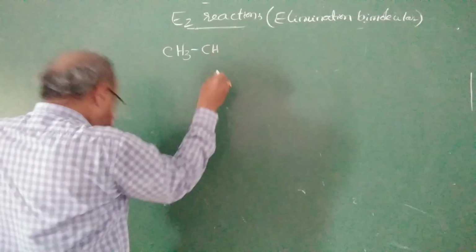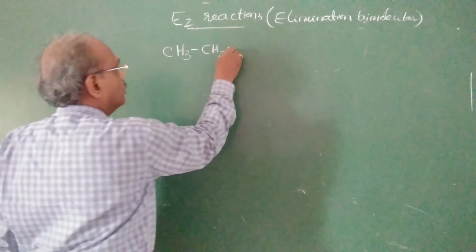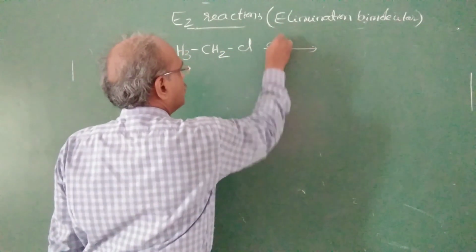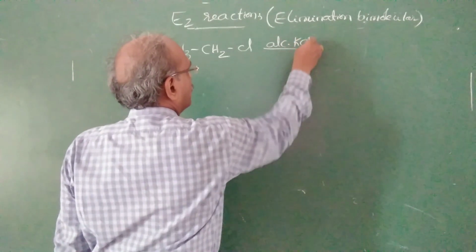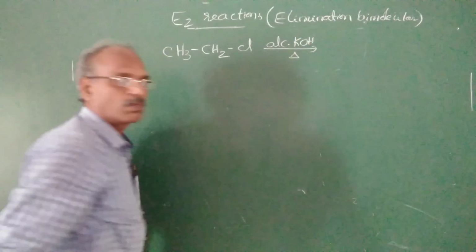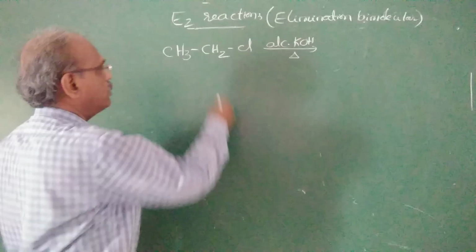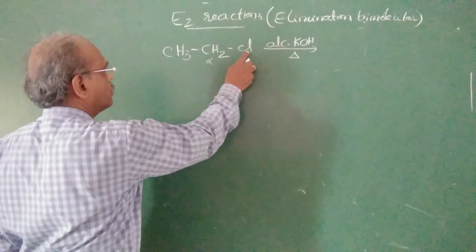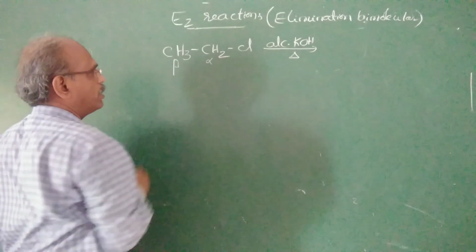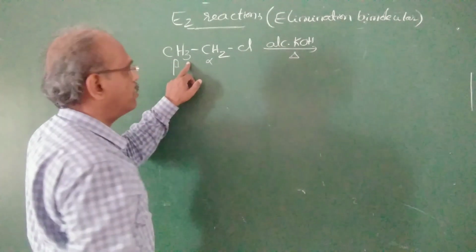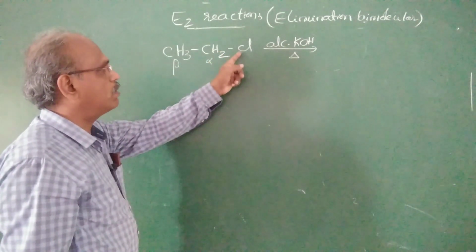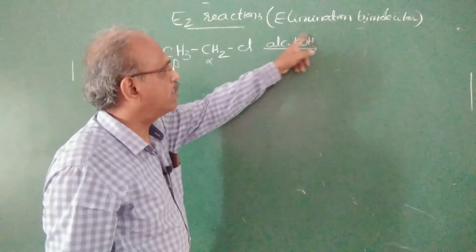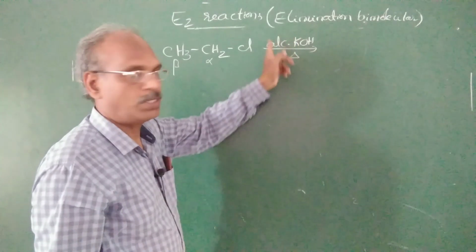CH3CH2Cl. On heating with alcoholic KOH, the product, see, this is the alpha carbon which is bonded with the halogen leaving group, and this is the beta carbon. From the beta carbon hydrogen and from the alpha carbon chlorine are removed, and this is dehydrohalogenation.